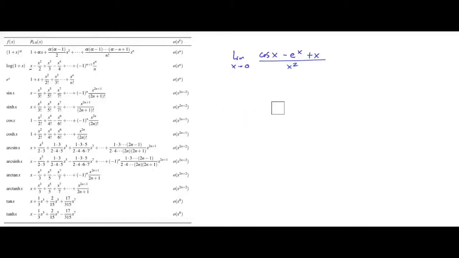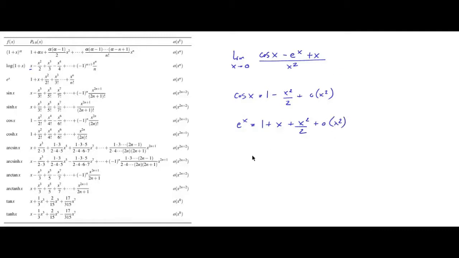So let's see how we can expand that, right? Let's see the table. The cosine is 1 minus x squared divided by 2 plus small o of x squared. Now e to the x is 1 plus x plus x squared divided by 2 plus small o of x squared, right?